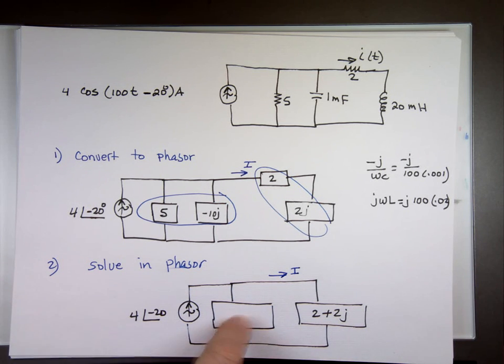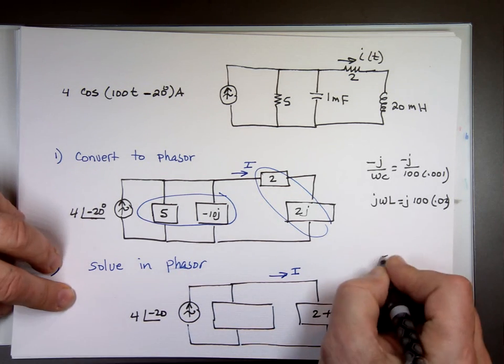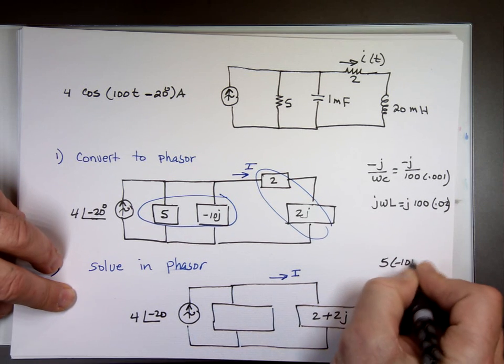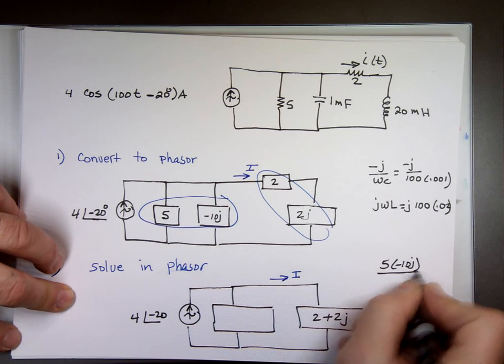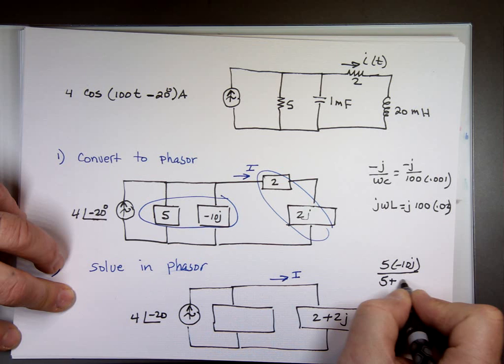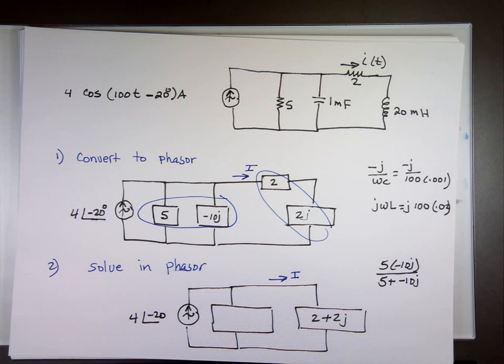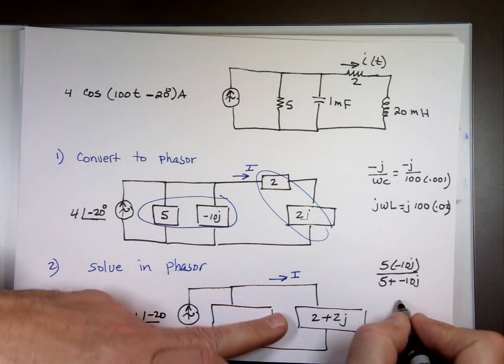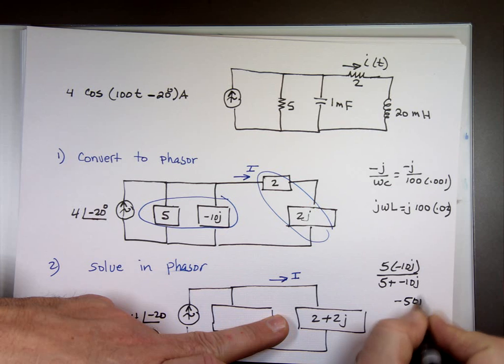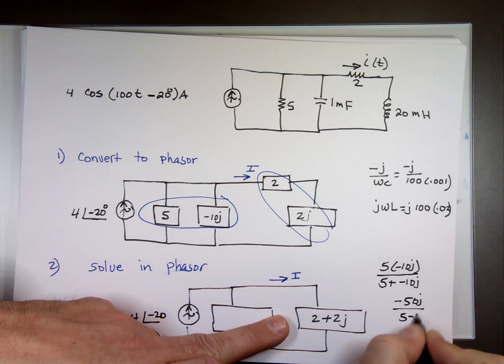The question, what's this value? The product over the sum. The product is 5 times negative 10j over the sum, which is 5 plus negative 10j. So negative 50j on the top over 5 minus 10j.